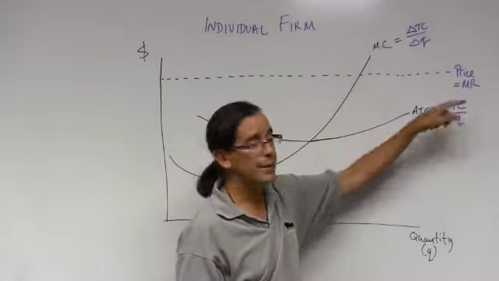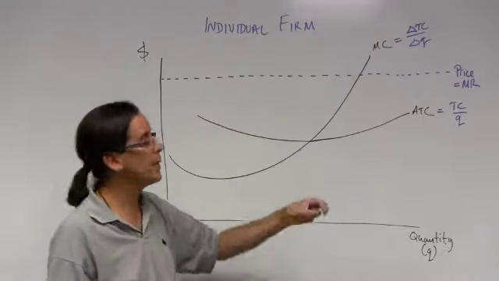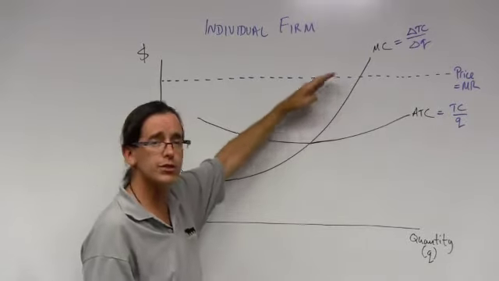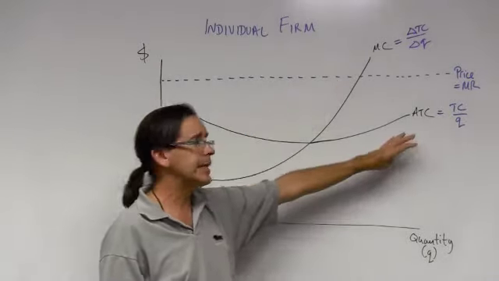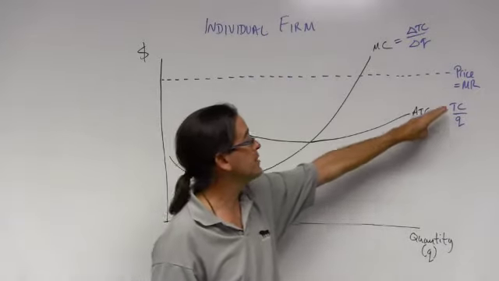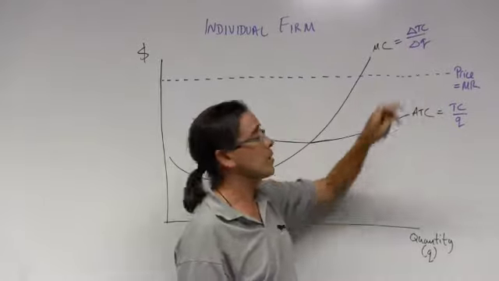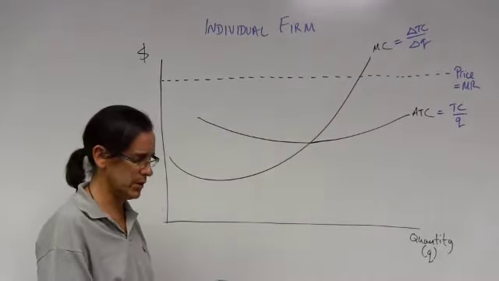Because they're coming out of the same total cost curve, you want to keep in mind, or always remember, that these cost curves will always move together. You will not have a situation where only the marginal cost curve changes and the average total cost doesn't. Because they're coming out of the total cost curve, if the total cost curve is changing, then the marginal cost curve changes, and the average total cost curve changes. Okay?